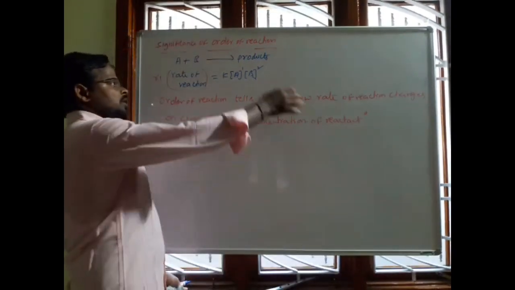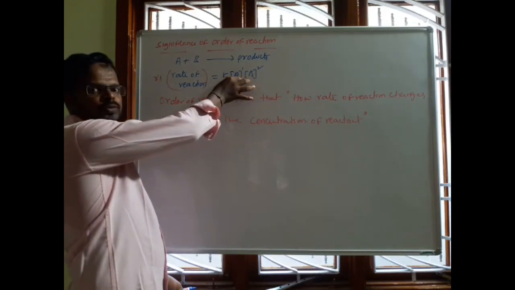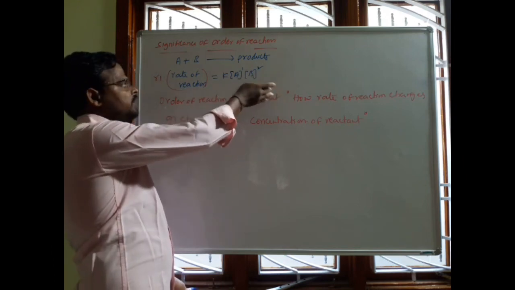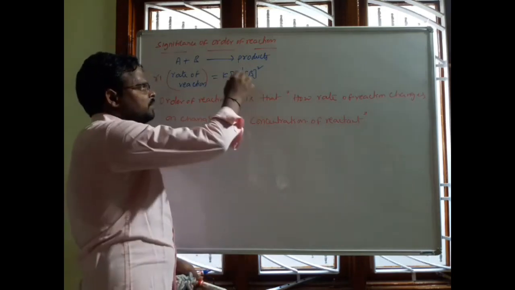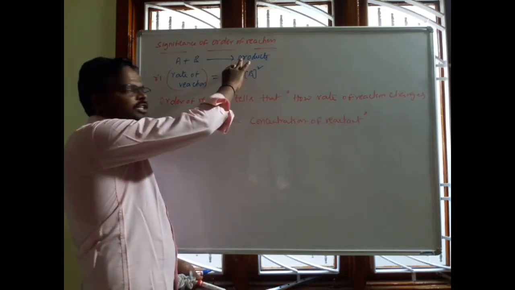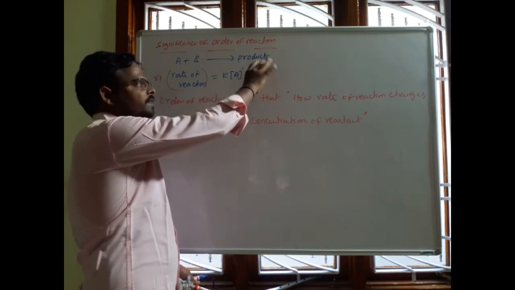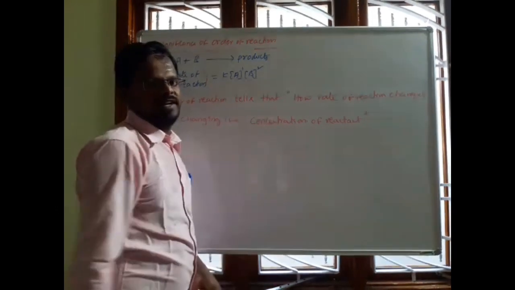Earlier we doubled the concentration of reactant A, whereas the concentration of reactant B stayed B only, and the rate of reaction became 2 times the initial rate. If I keep reactant A constant and double the concentration of reactant B, the final rate becomes 4 times the initial rate.